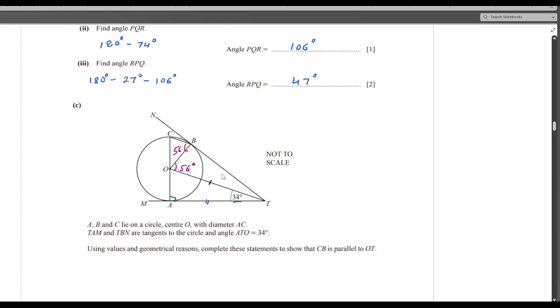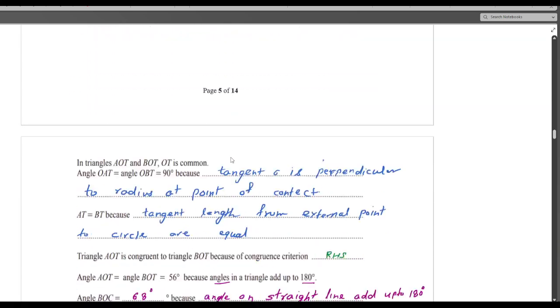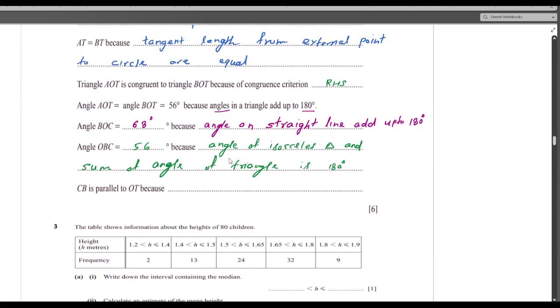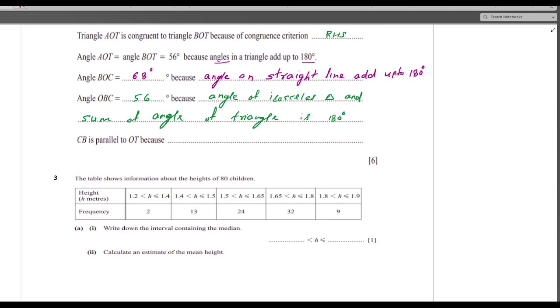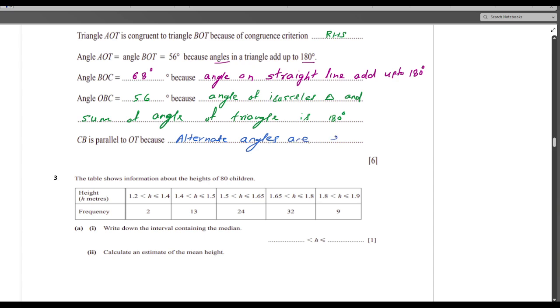So these two angles are equal. They are alternate angles for BC and OT. So here I will say that CB and OT are parallel because alternate angles are equal.